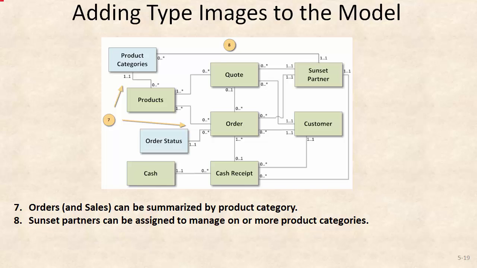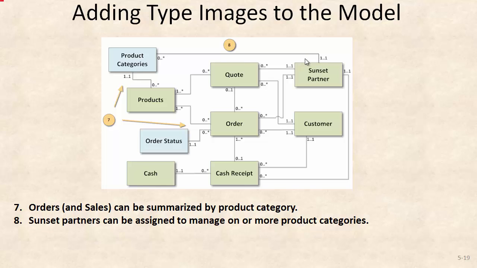Now we see Sunset Graphics sales and collection process model with the type images. First of all, we have product category, which categorizes products. The multiplicities between product categories and products indicate that each product is in one category, and each product category could have many products. Also indicates that a Sunset partner is designed to manage each product category.